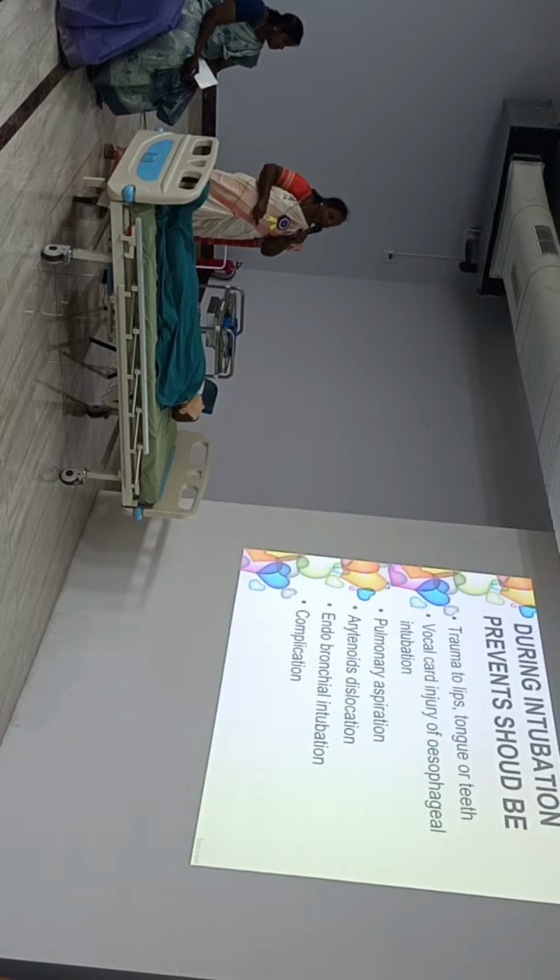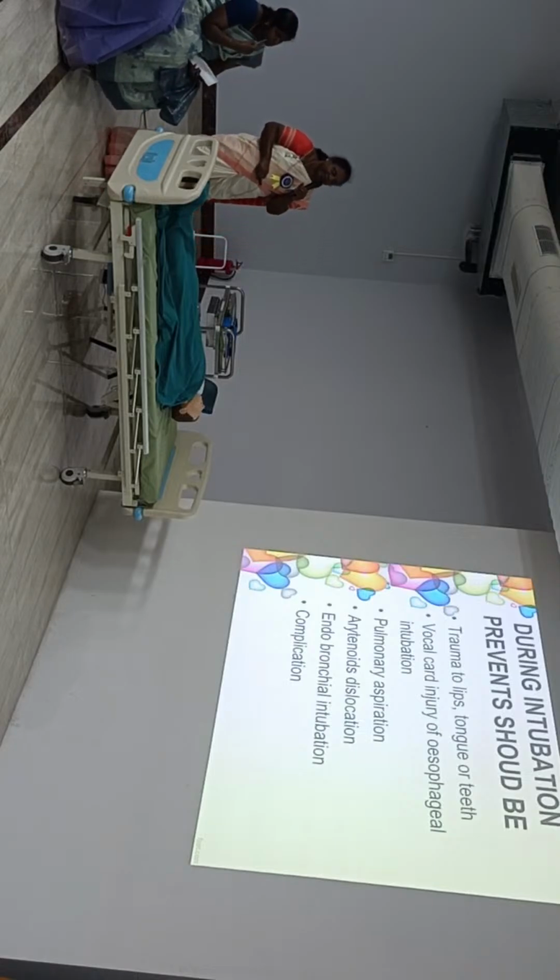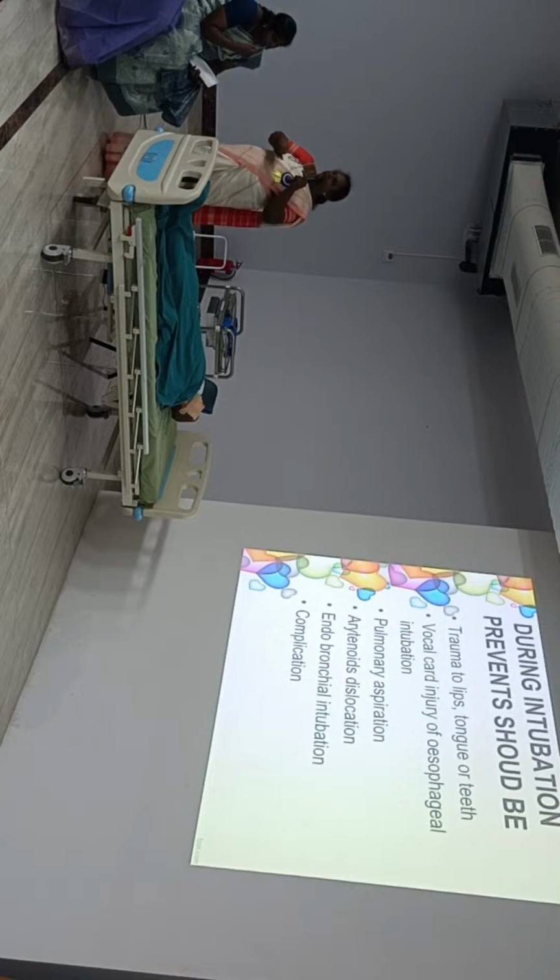During intubation, prevent trauma to the lips or oral cavity, tongue and teeth. Then vocal cord injury or esophageal intubation. Then pulmonary aspiration. If it is a full stomach, aspiration is possible. Then arytenoid dislocation. What is the meaning of arytenoid dislocation?